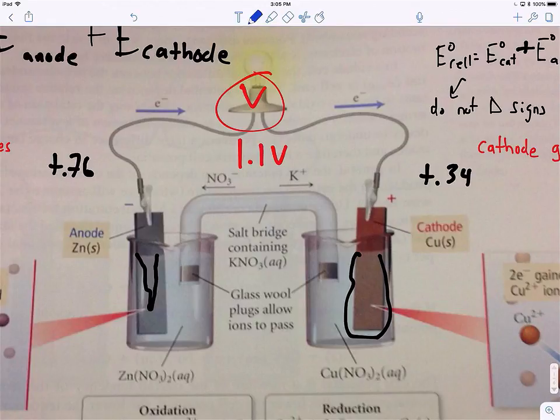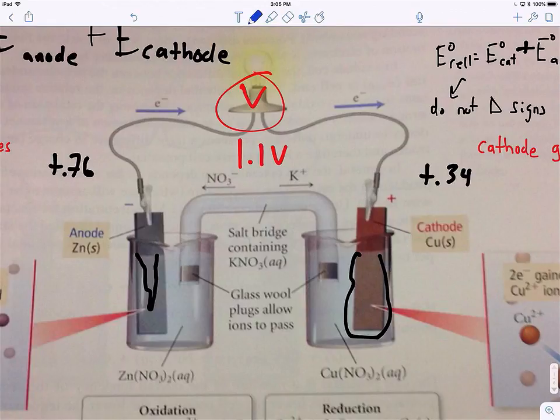The last thing here is the salt bridge. If you take the salt bridge out, the battery will stop working. Let's talk about what the battery's doing. Electrons are flowing from here to here. Let's say there was no salt bridge. That means that negative charge would move here. This end would become negative, and this end would become positive.